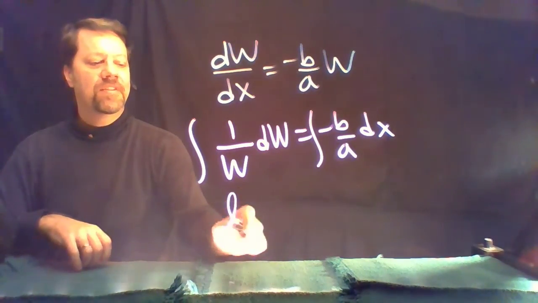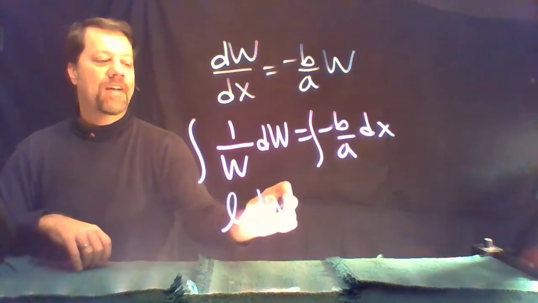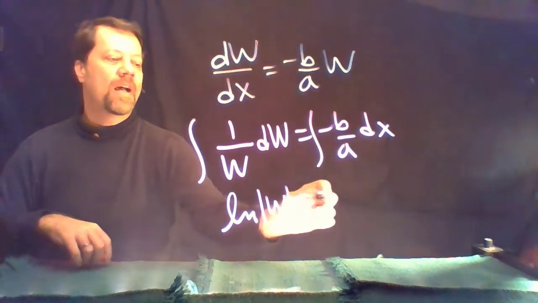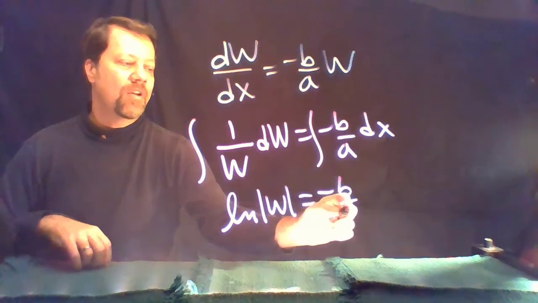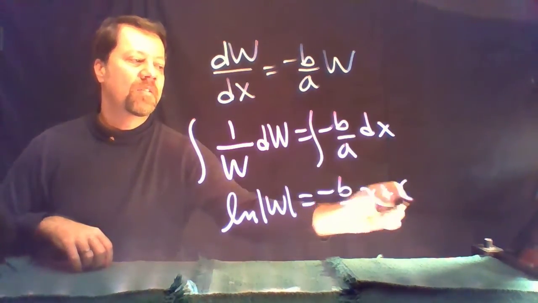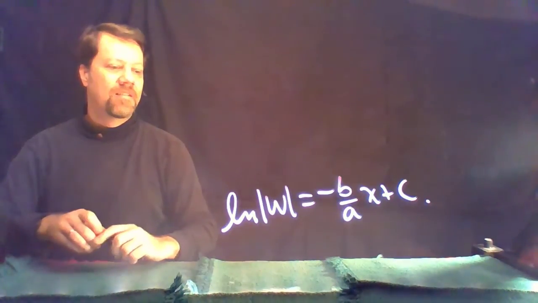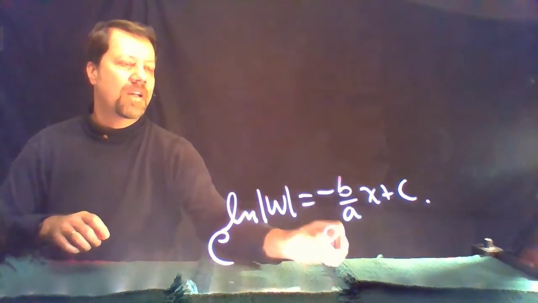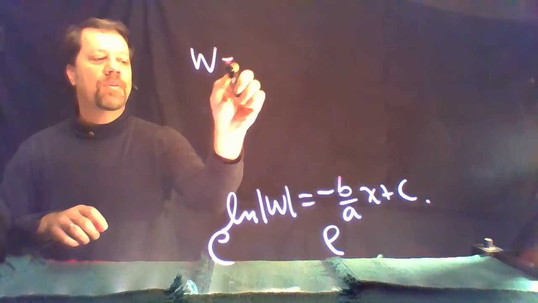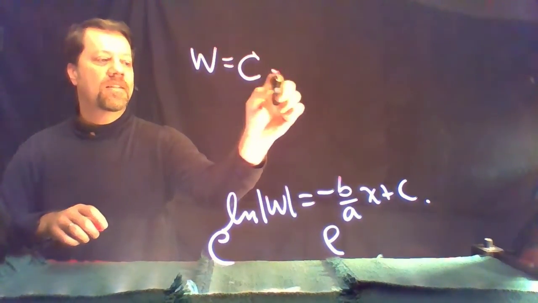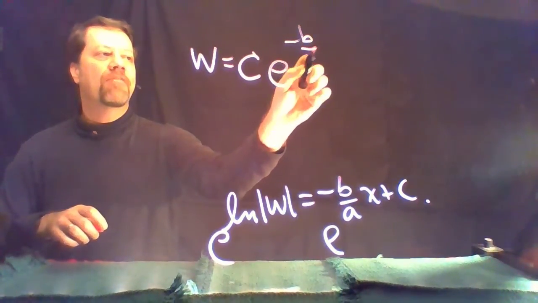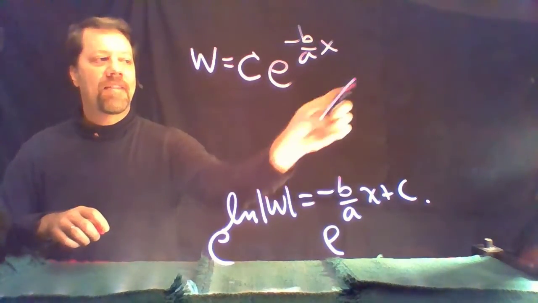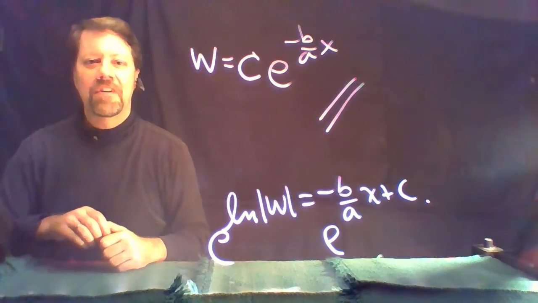On the left, we get the log of the absolute value of w, and on the right, negative b over a x plus c. Solving for w, we exponentiate both sides and obtain w is a constant times e to the negative b over a x, and that completes the proof of Abel's lemma.